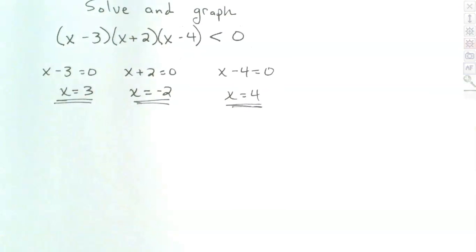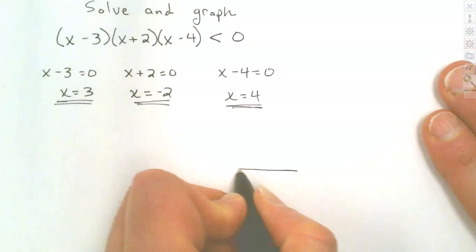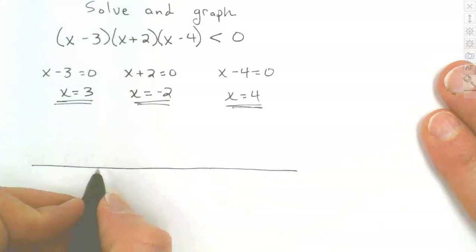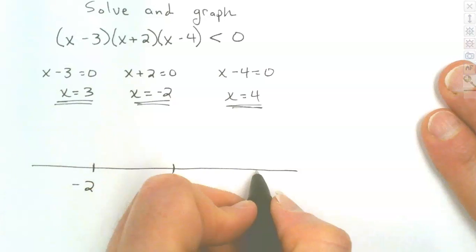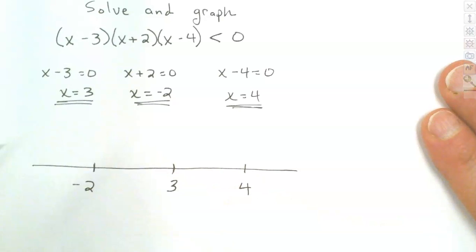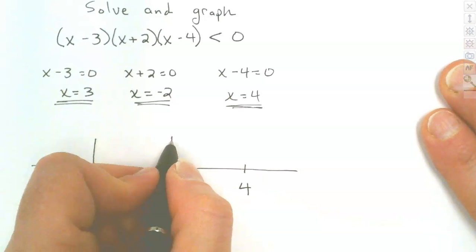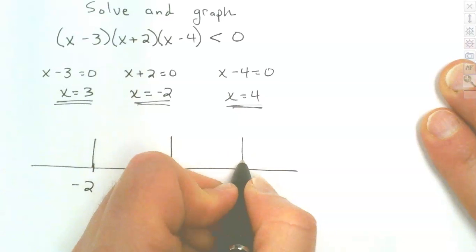We always have one more region than we have critical points, so we're going to have 4 regions to check. Make sure they're in the correct order. So we've got a negative 2, a positive 3, and a positive 4. And that makes now 4 regions.